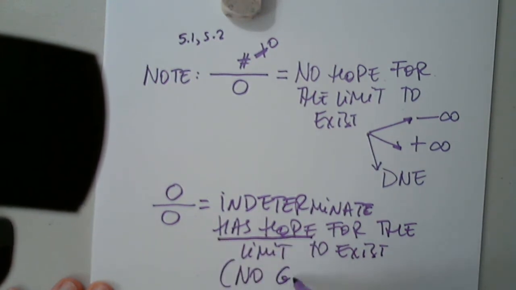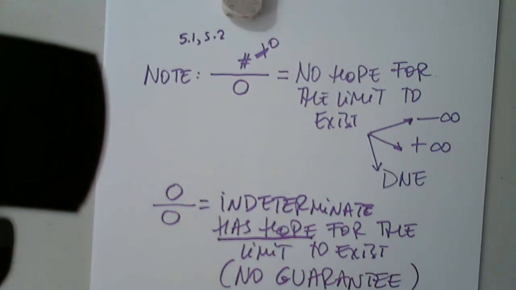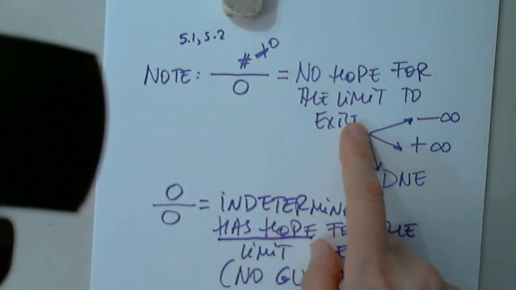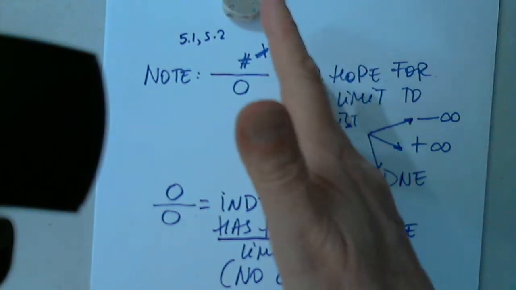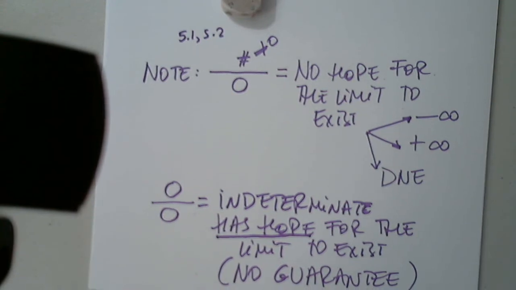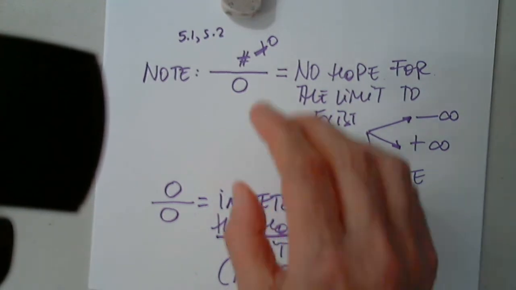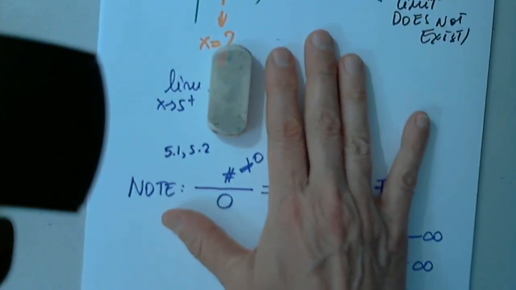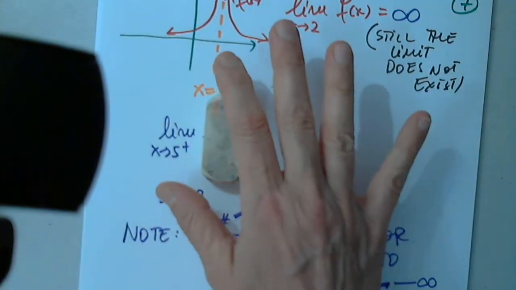No guarantee. Ever. But has hope. This one is closed forever. Done. No hope. This one has hope. It doesn't mean that it will exist. It means it has potential. It can exist.